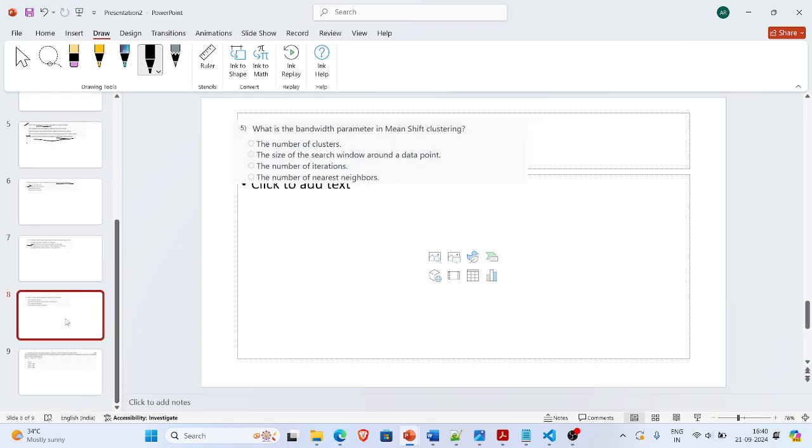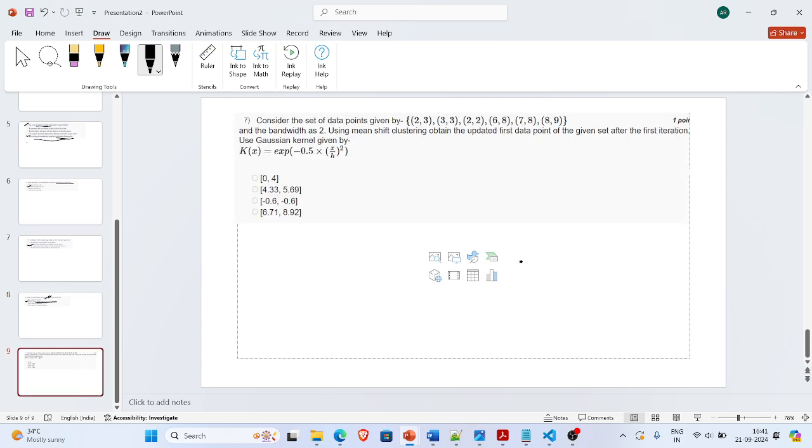And the bandwidth parameter in mean shift clustering: from the Parzen window lectures, you must remember the bandwidth size is the size of the search window around the data point.